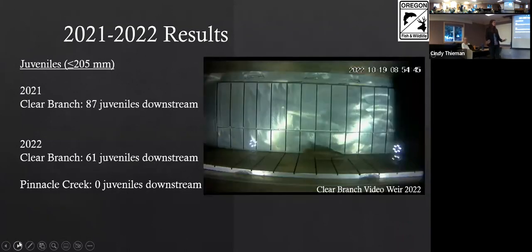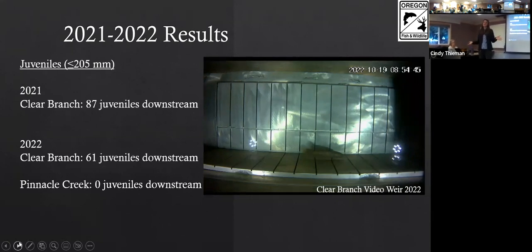Just briefly to touch on what we saw with juvenile fish, and see this little guy, that's kind of what they look like. We saw in 2021, 87 juveniles move downstream. In 2022, 61. So again, less fish, but the juvenile data comes with a lot of caveats, in that we're really not documenting their period of out-migration or movement into the reservoir, because that's likely in the spring.